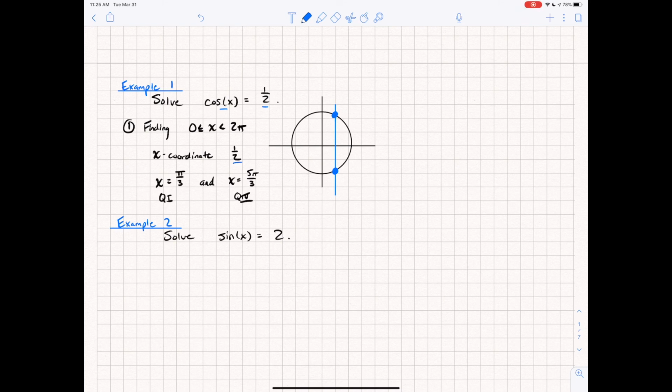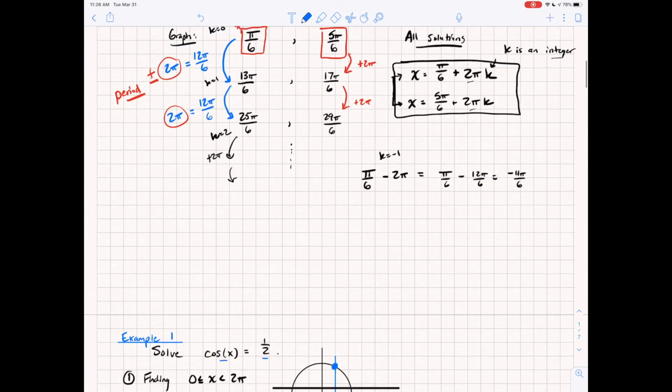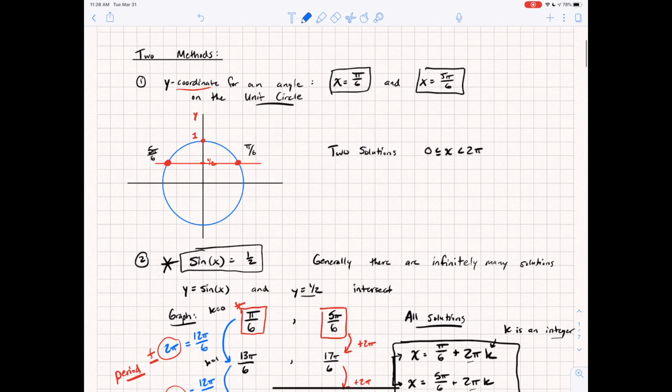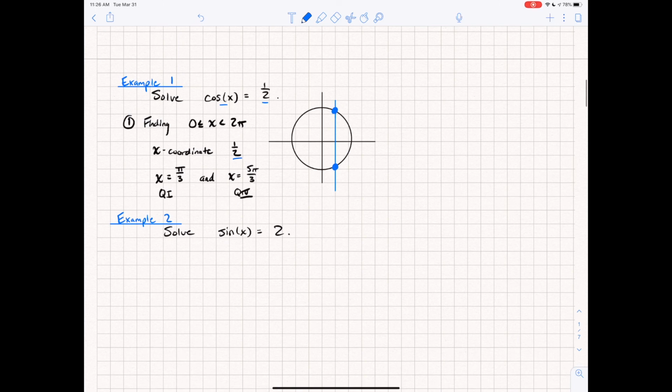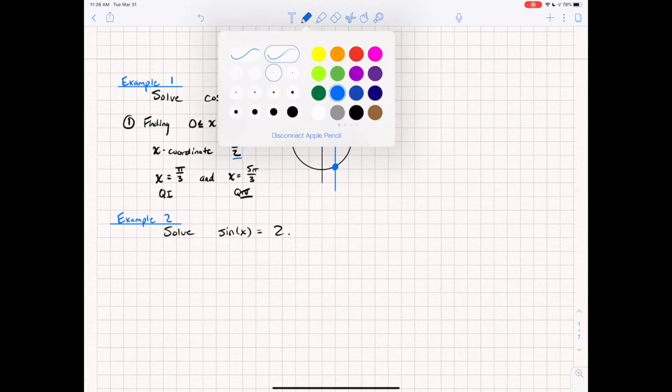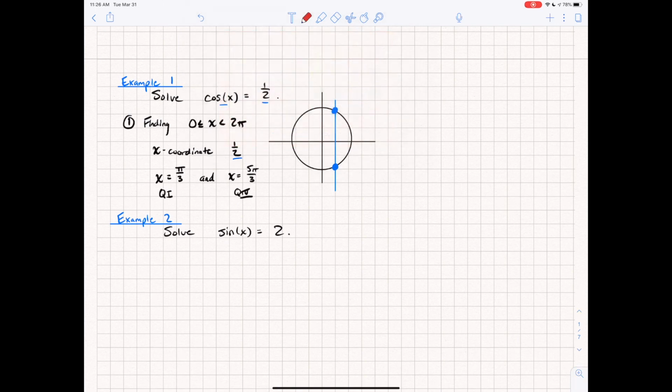And this doesn't matter whether you're saying cosine is negative or cosine is positive. It's essentially scanning through vertically, versus sine scanning through horizontally, as we set each thing equal to whatever. And so I have cosine x is equal to 1/2. We actually have those two solutions. I'll circle them in red. We have x is equal to pi over 3, and then x is equal to 5 pi over 3.